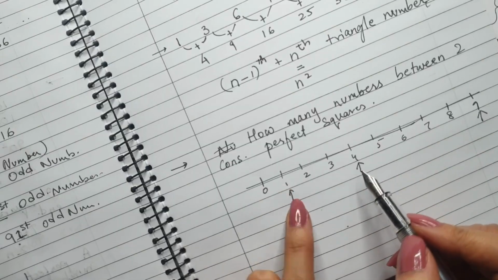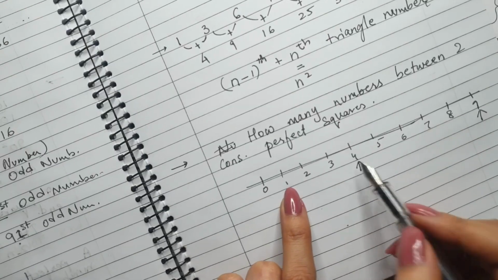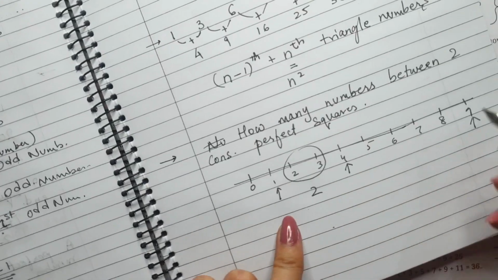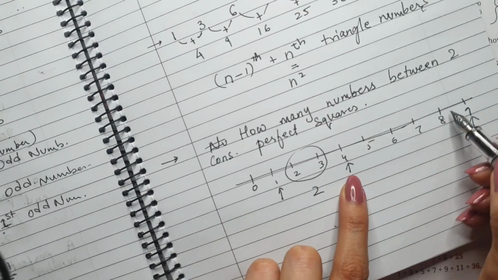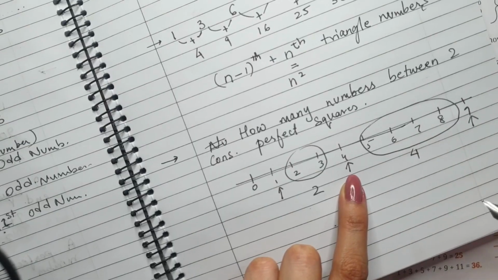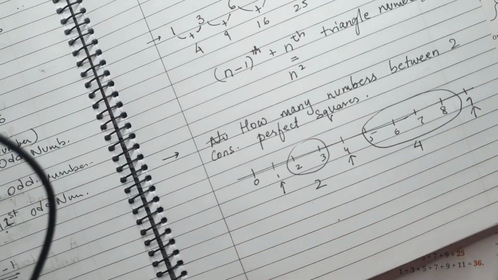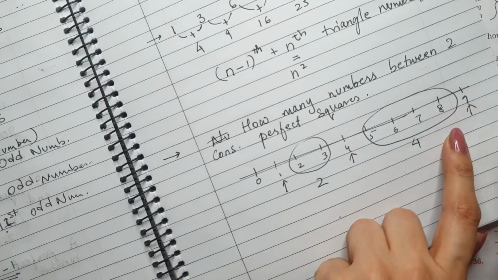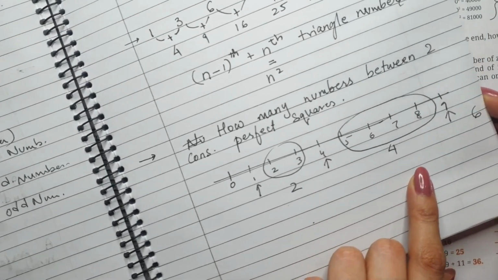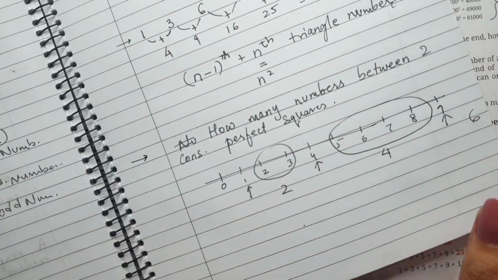So how many numbers are there between 1 and 4? 2. 4 and 9? 4, right? And similarly, between 9 and 16, you will have 6. Okay? Simple.